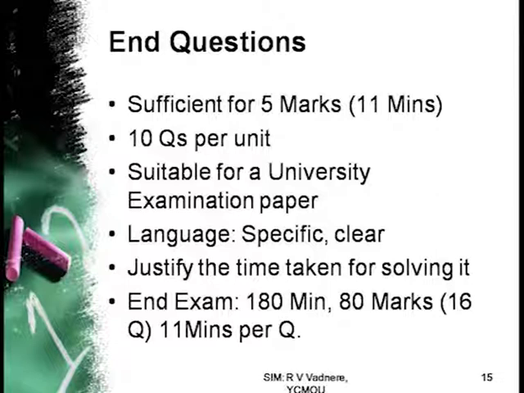So, a 5 marks question should take 11 minutes of labor. That is how you devise your questions. It may take more of the cognitive ability of the student, or it may take a lot of labor of writing things. So, you are the best judge.